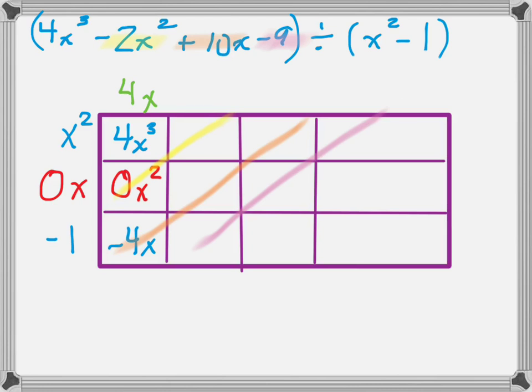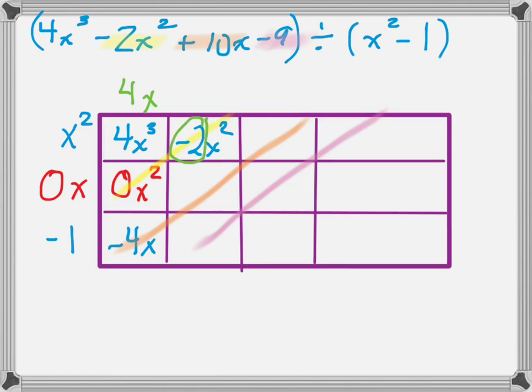So what I highlighted in yellow is going to combine to give me that negative 2x squared. So if I have a 0x squared, what do I need to combine with that in order to get that negative 2x squared? Once you have that top row created, you're going to use that coefficient to help you create the next rows.